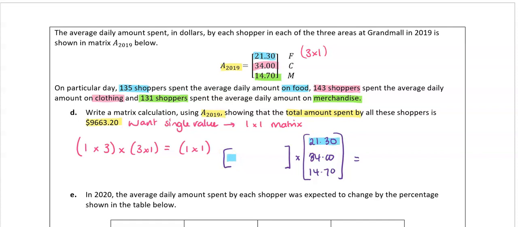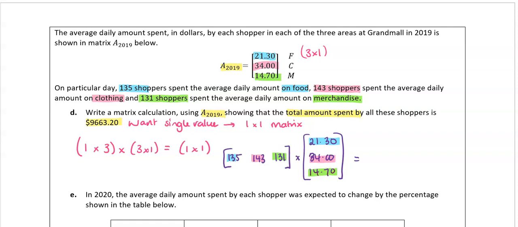So that points me to put 135 as the first element there. If I follow along, my second element in the row and the column is what I want to multiply. So I'm going to put 143 here. And then finally, the third element in the row and the column, both relating to the merchandise, so the number of people purchasing from the merchandise, 131.